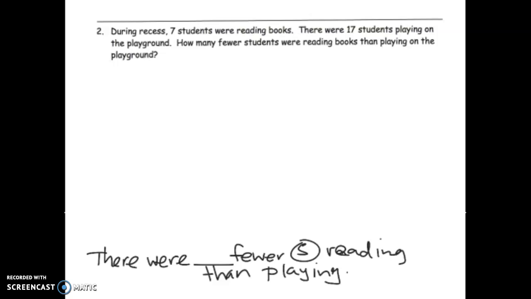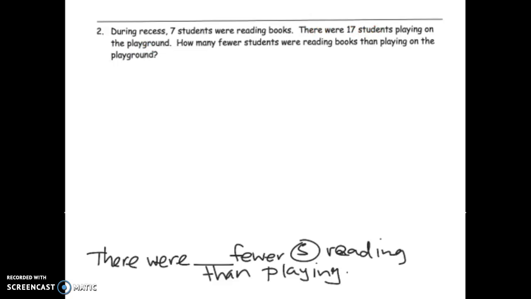So now that I've written my answer statement with a blank, I'm going to go back and read the question again. I'm going to look for the characters in this story. The previous one was Fran and Darnell. Now, who are my characters here? Well, during recess, 7 students were reading books, and 17 students were playing on the playground.